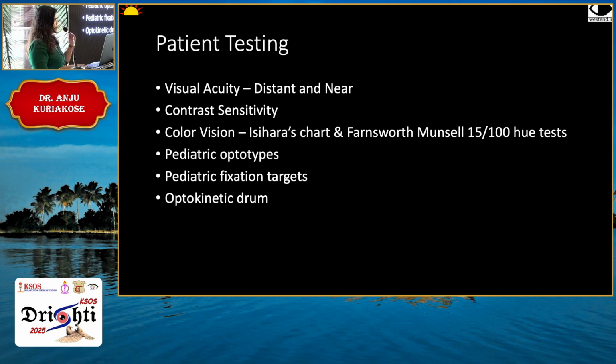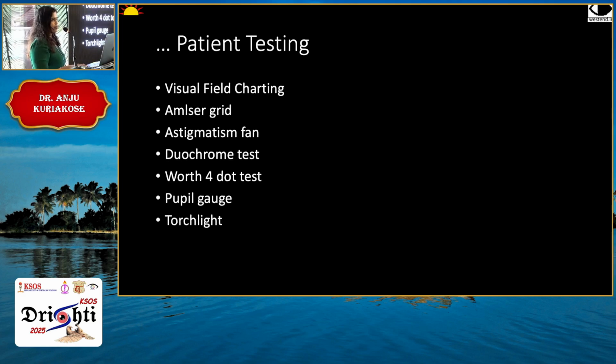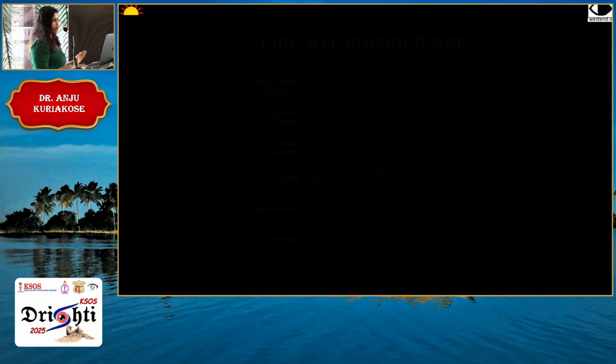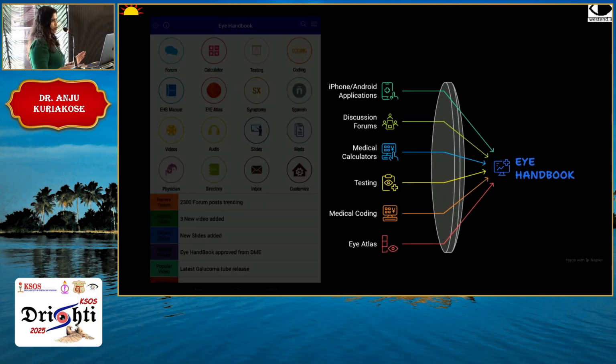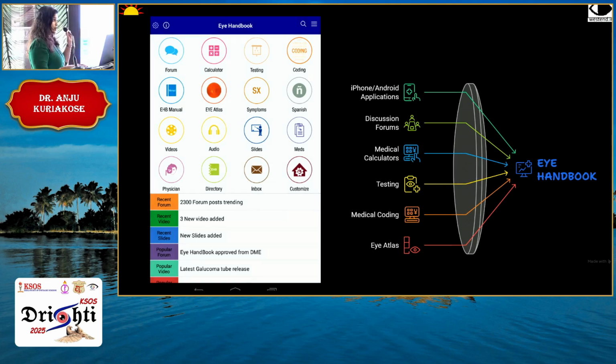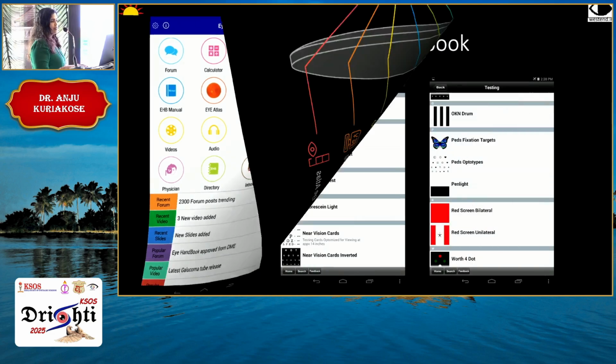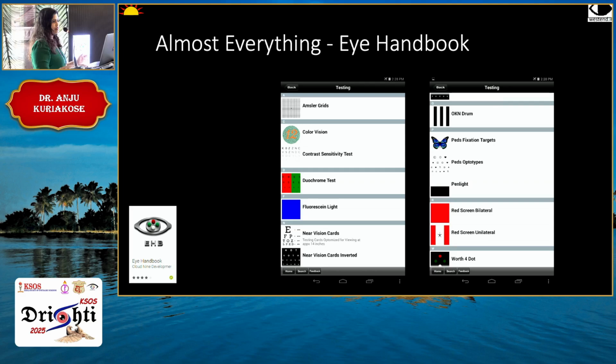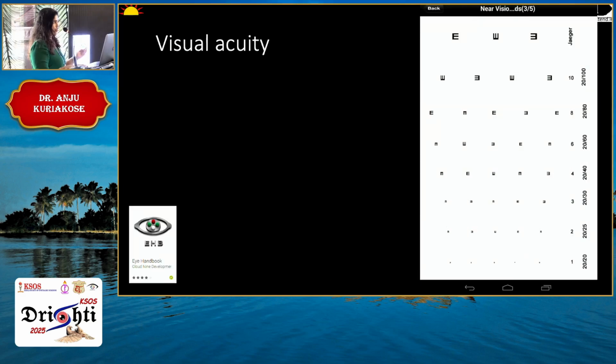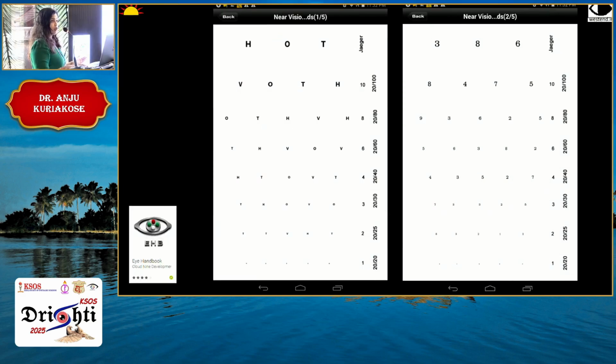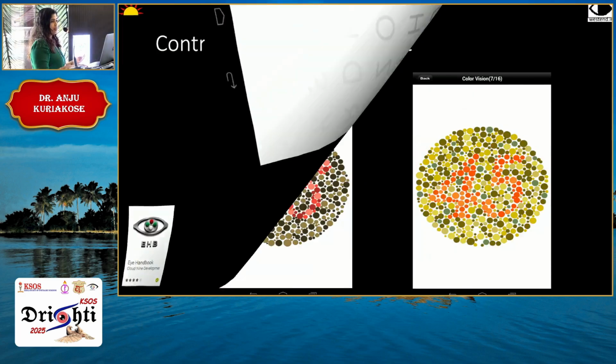There are innumerable patient testing apps, but I would recommend an all-rounder app, which is iHandbook, compatible with both iPhone and Android. It has discussion forums, medical calculators, testing, medical coding, and even an iAtlas. I would recommend using testing and iCalculator because it has everything, starting from the Amsler grid, vision chart, near vision chart, contrast sensitivity, even color vision.